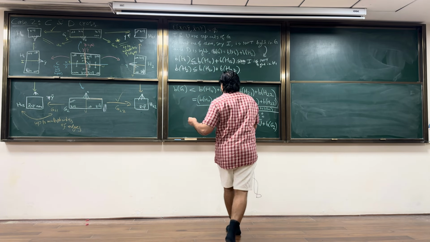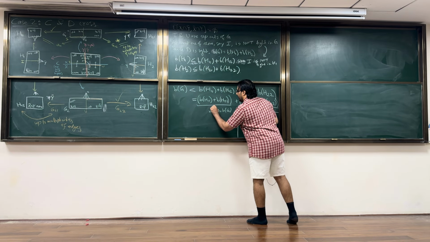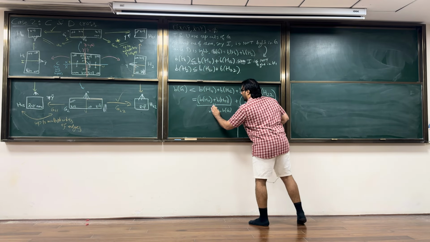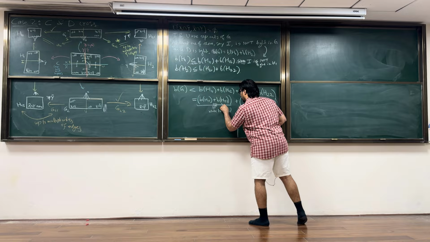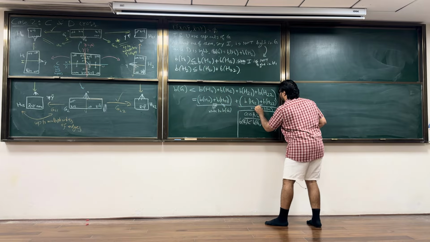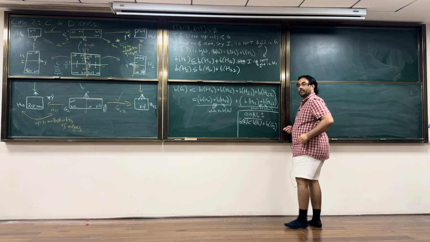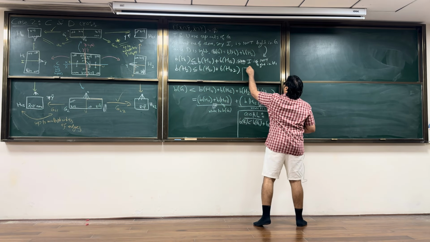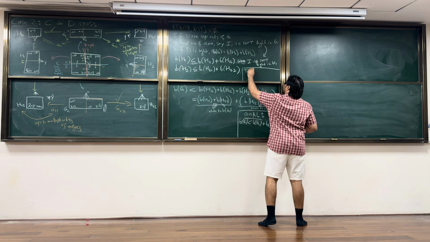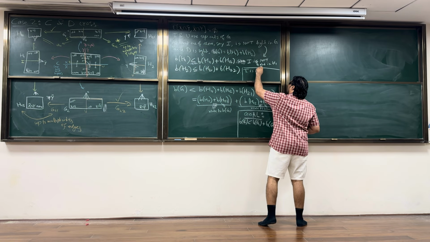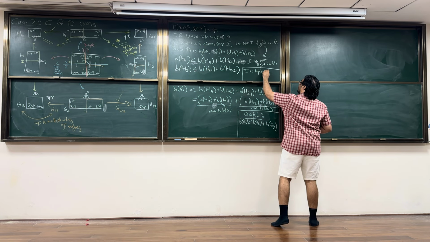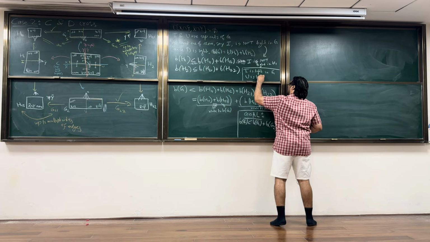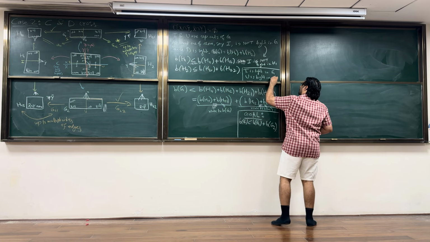So what we have here is an equation. This is equal to B of G2, B of G1, and this is equal to B of G2. And here we are using the fact that I is tight in G1 and U is tight in G2.